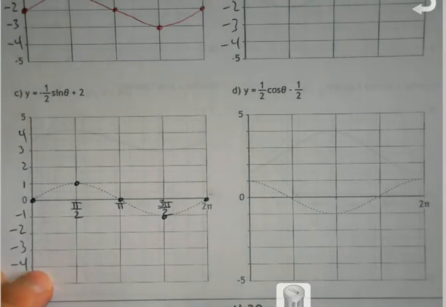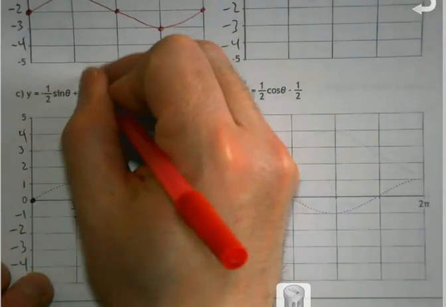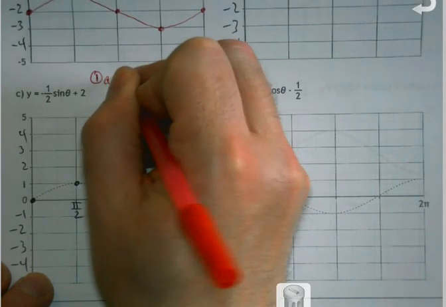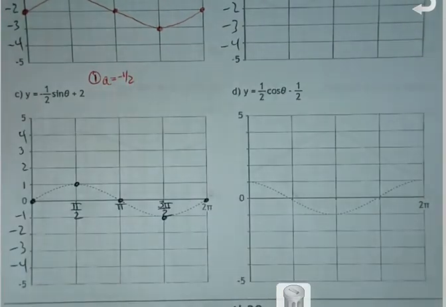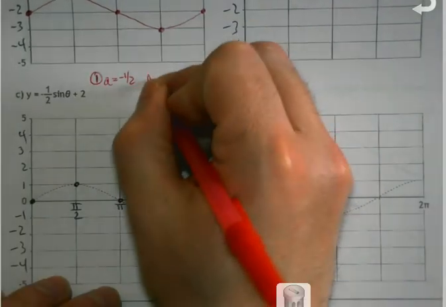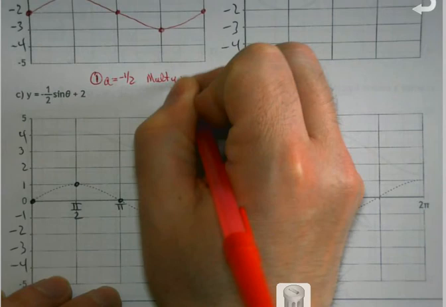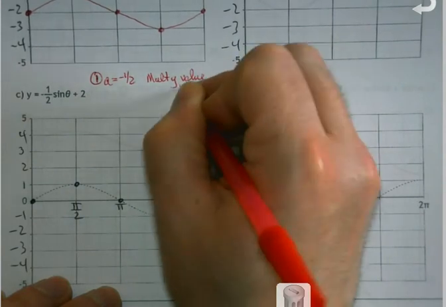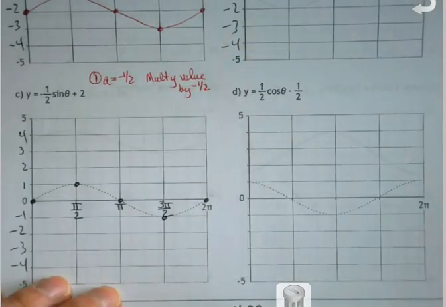We're always going to do the amplitude first. So remember, when we're doing the amplitude, we're multiplying the y value, in this case, by -1/2. That's my first job.